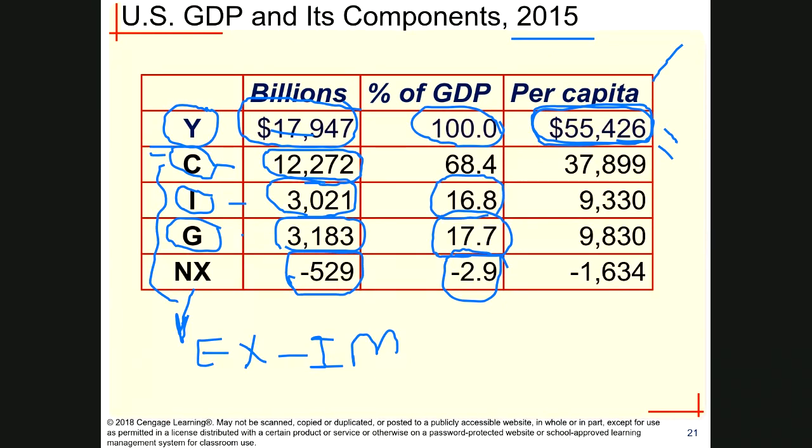The chunk of it is household expenditure. And we can kind of do it with the money too. About $37,899 on average is spent on consumer goods.